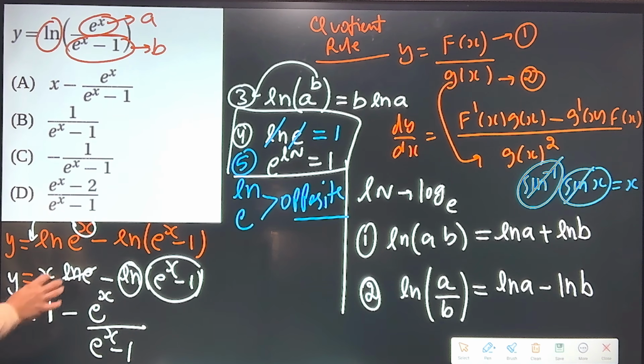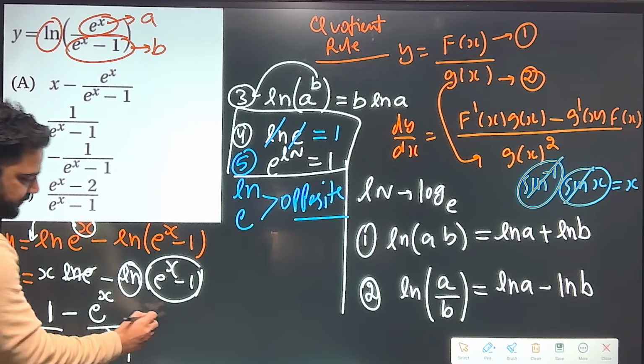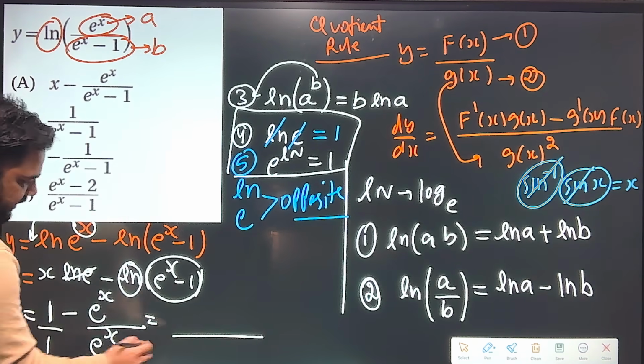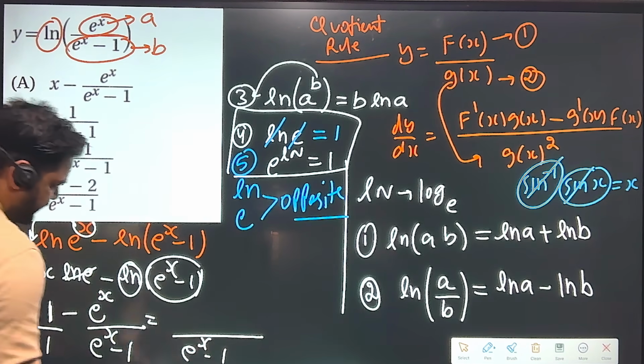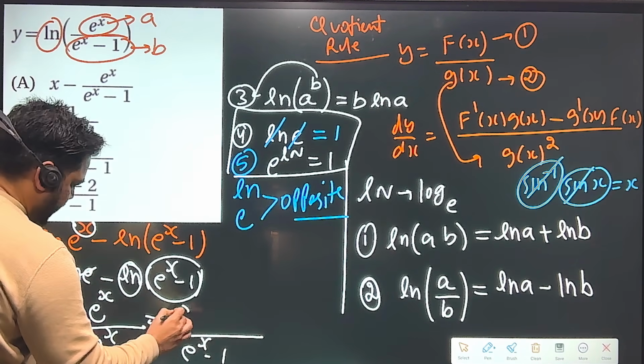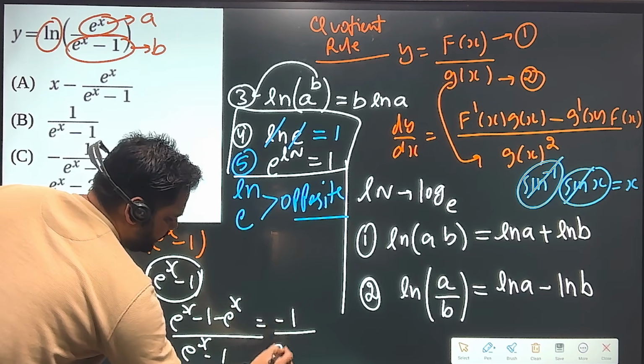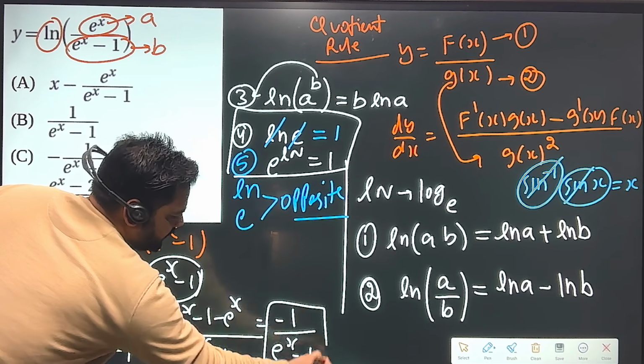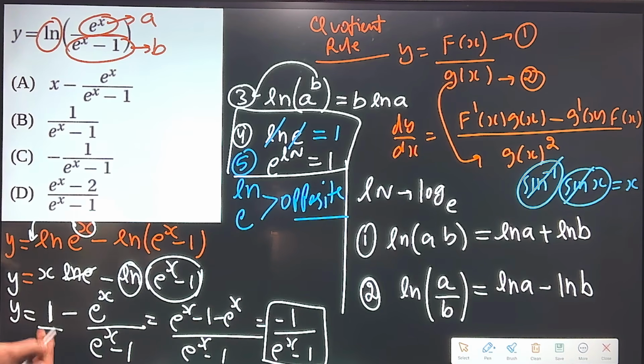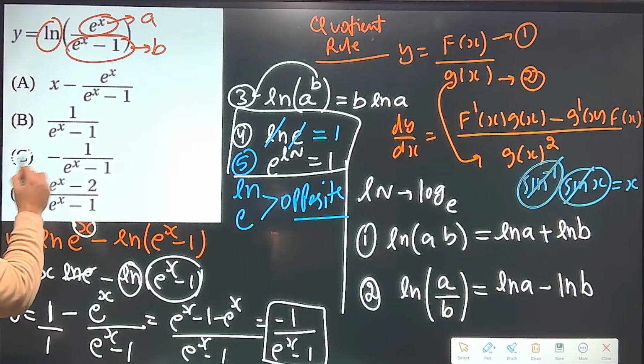So you can't go for option A. Let's take the LCM. If we take the LCM, it will be e^x − 1, and it will go here. So it will be e^x − 1 − e^x. So the final answer will be −1 upon e^x − 1. And be careful, A is not the option. C will be our correct option.